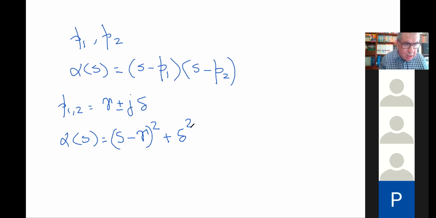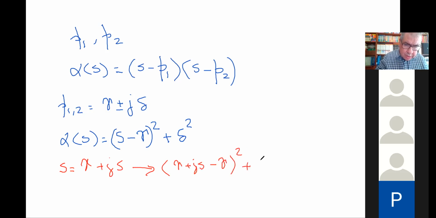You see why? Because if you make s equal to gamma plus j delta and plug it there, you get gamma plus j delta minus gamma, squared, plus delta squared.